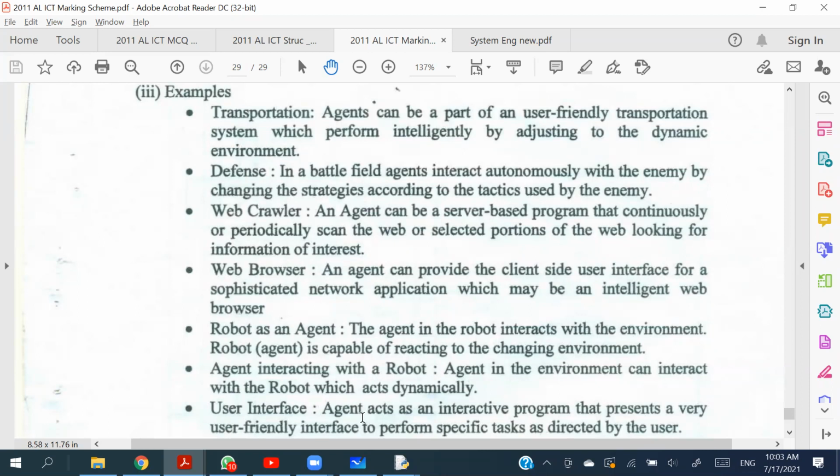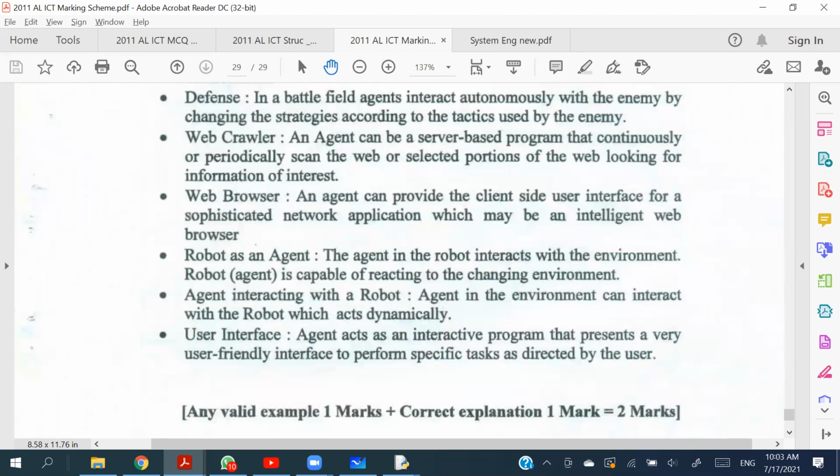The agent can be installed into the robot and asked to interact with the environment, and later the agent is there to interact with the robots. And user interfaces, as I told you, so any one of those. It says any valid example, 1 mark, correct explanation, 1 mark. So that is how the marks are given.